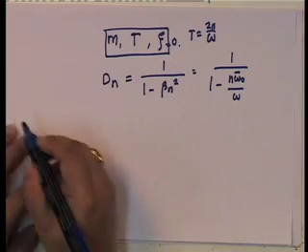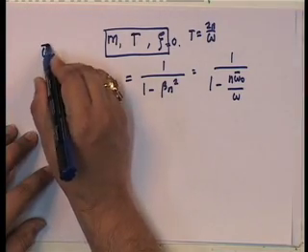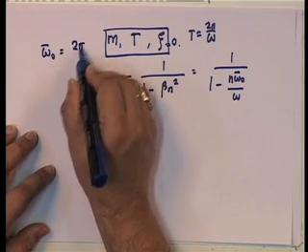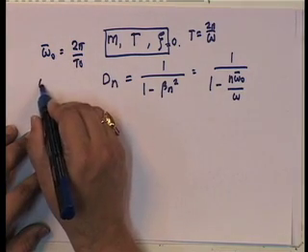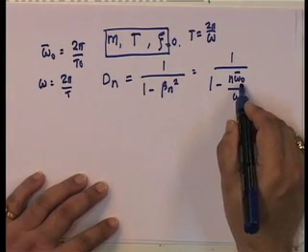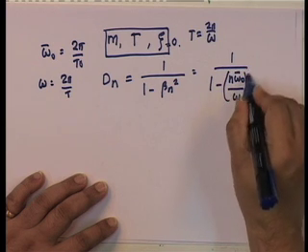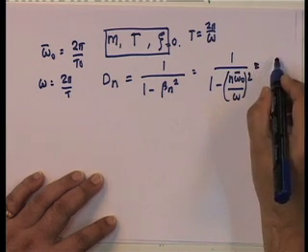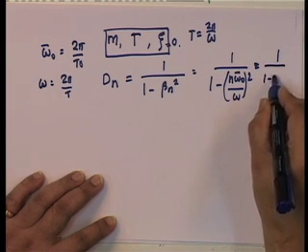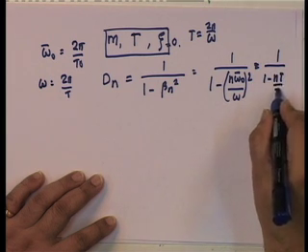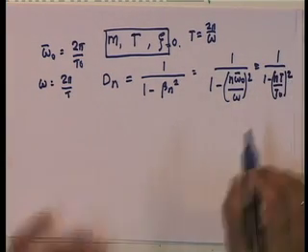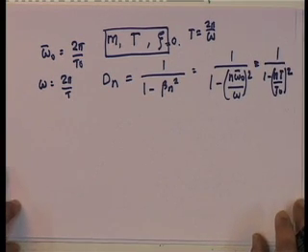Now, what is omega bar 0 in terms of T 0? It is equal to 2 pi upon T 0. What is omega in terms of T? It is 2 pi upon T. So, if I substitute this in, I get 1 upon 1 minus n T upon T 0, squared.